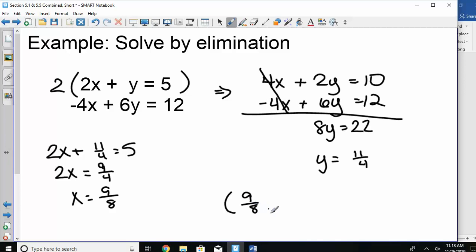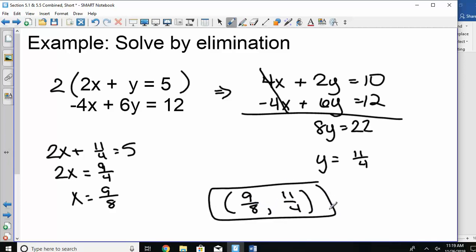So final answer, ordered pair, x comma y. I can give you guys one to do.